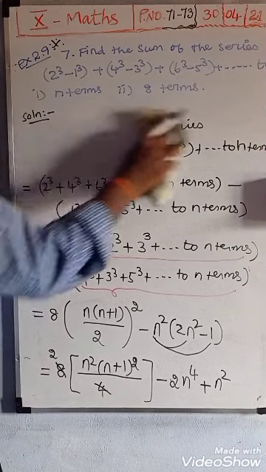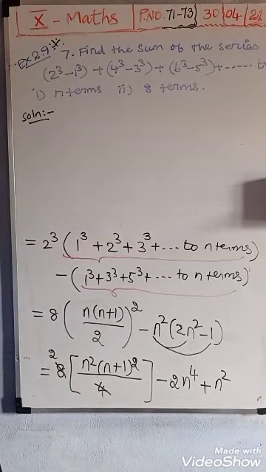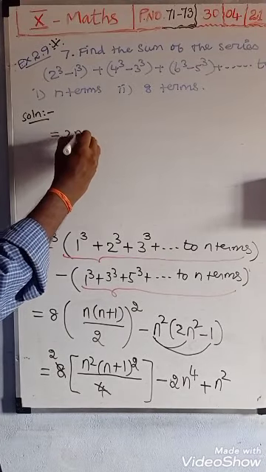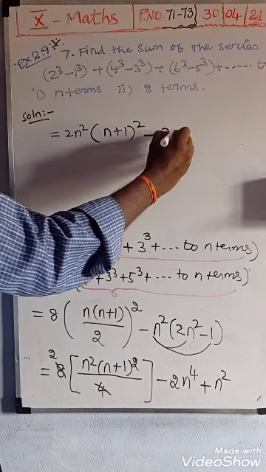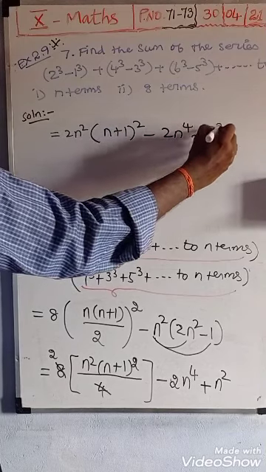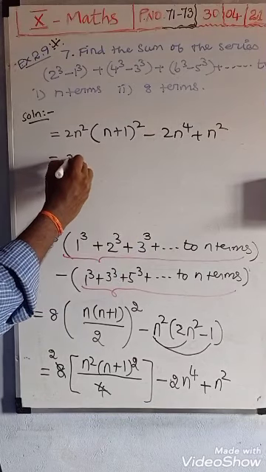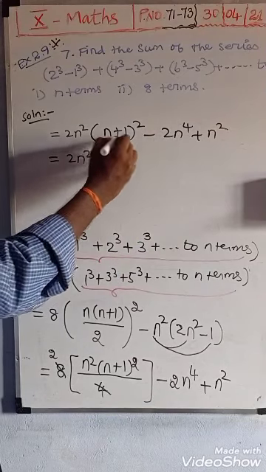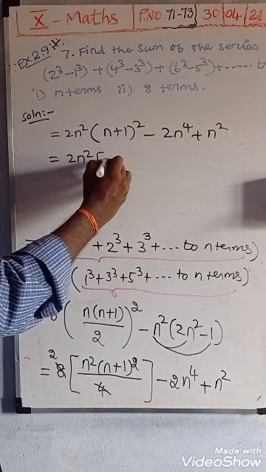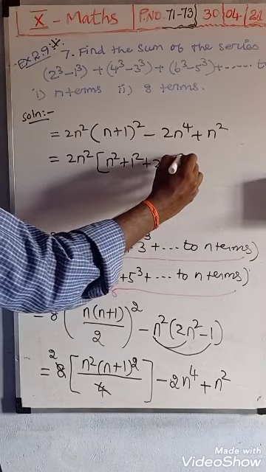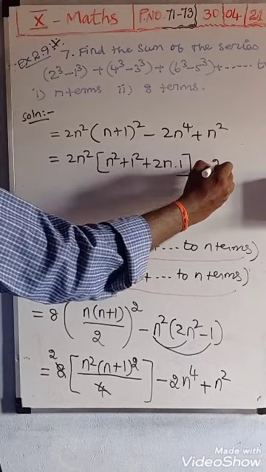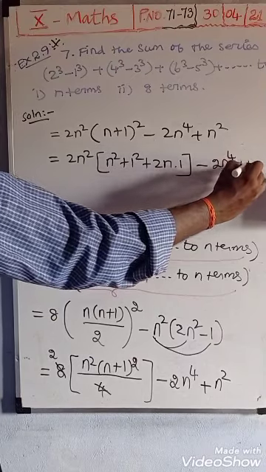So next we can write it as 2n squared of n plus 1 to the whole square, minus 2n power 4 plus n squared. Now this 2n squared, write as it is. What is the formula of a plus b to the whole square? a squared plus b squared plus 2ab. So write the formula, minus 2n power 4 plus n squared.